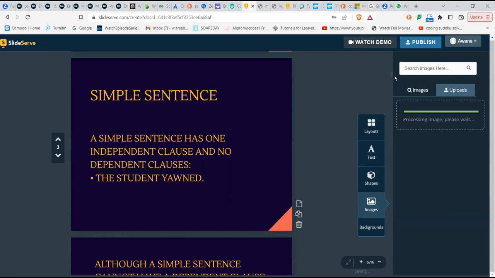Any clause that does not make sense on its own. You need to have another clause attached to it, in relationship with it, to make sense. That is a dependent clause. The student yawned. It's an independent clause because it makes sense on its own. It describes something and makes complete sense.